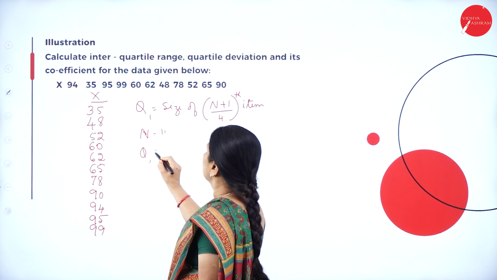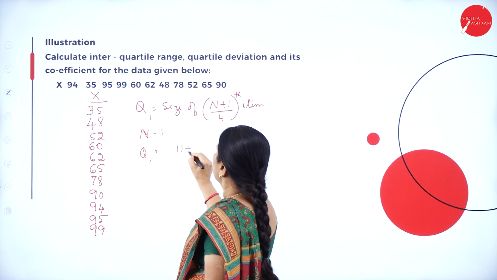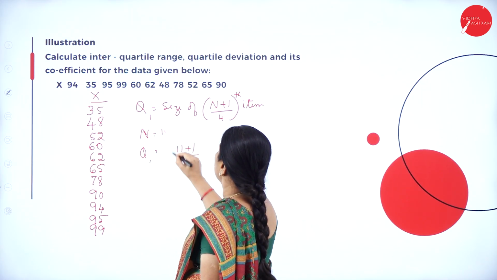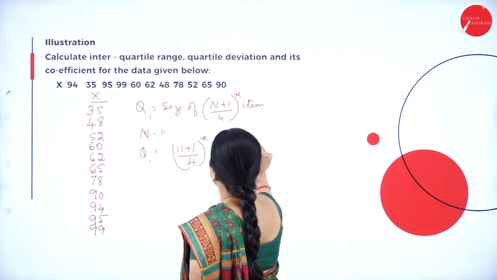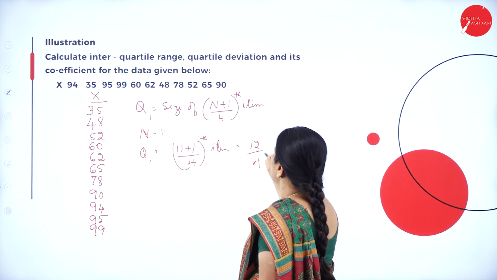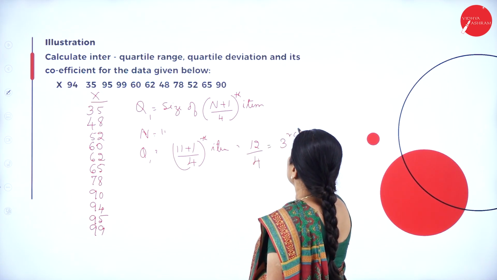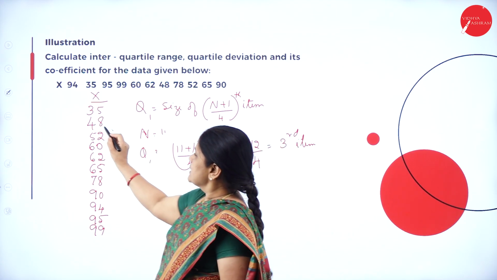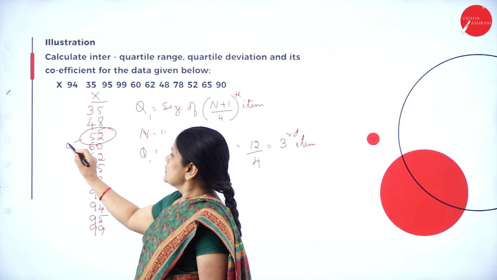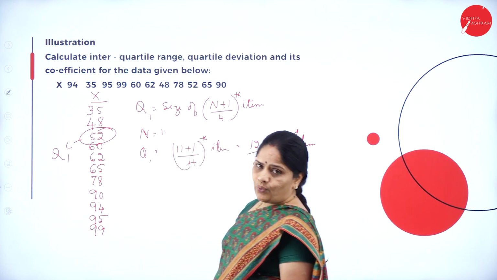So, Q1 will be equal to 11 plus 1 divided by 4th item. So, this will be equal to 12 divided by 4, that is the third item. So, the third item of the series is 52. So, this becomes the Q1.